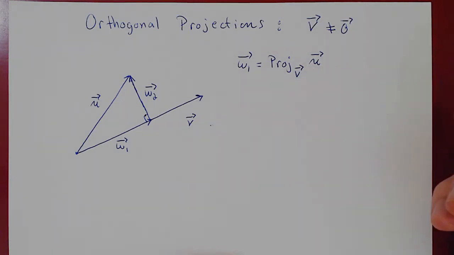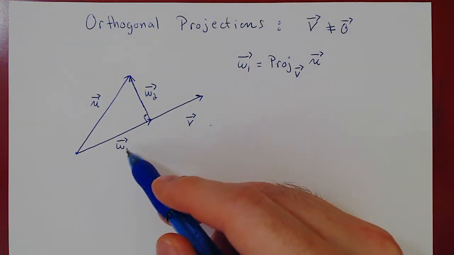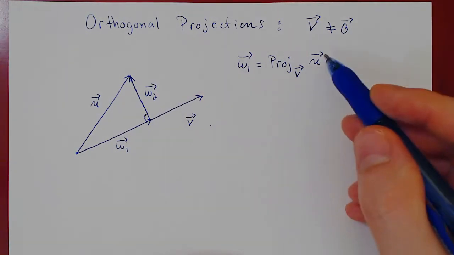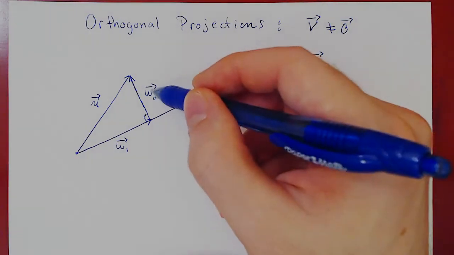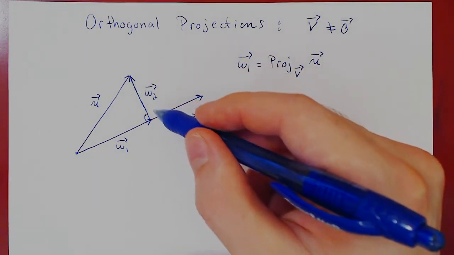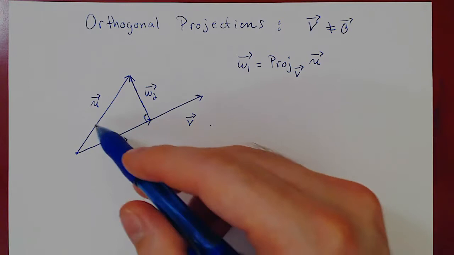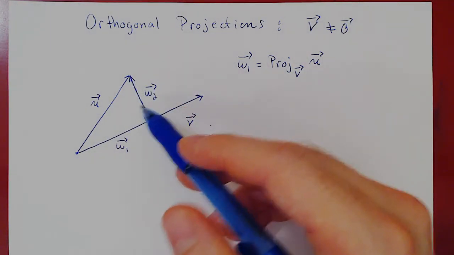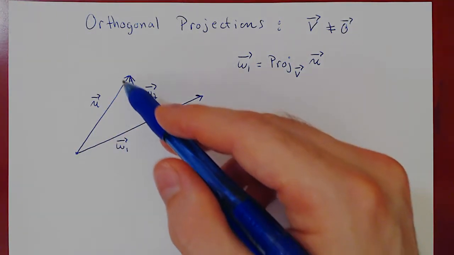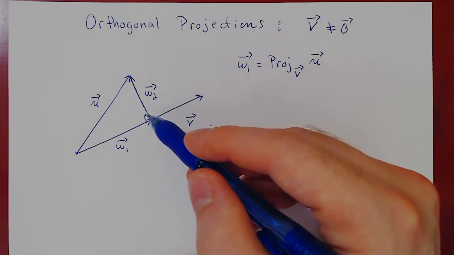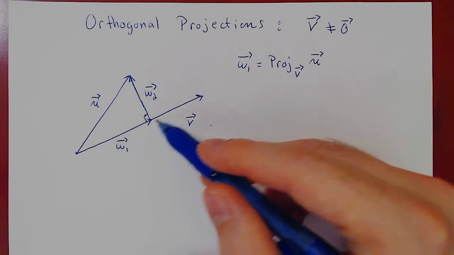And now a natural question to ask is, how do we find w1, the projection of u onto v, and w2, which is the so-called orthogonal component? Because it is a component of u, because u is w1 plus w2, but w2 is orthogonal to vector v.